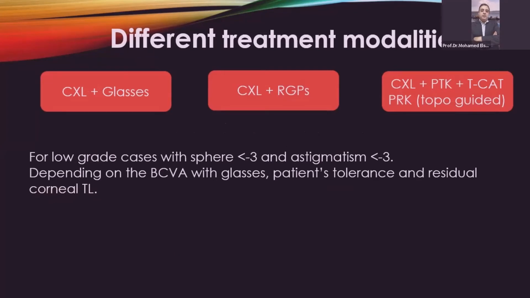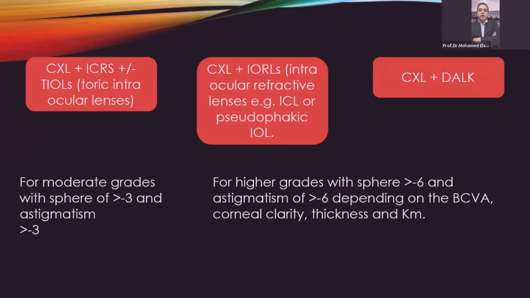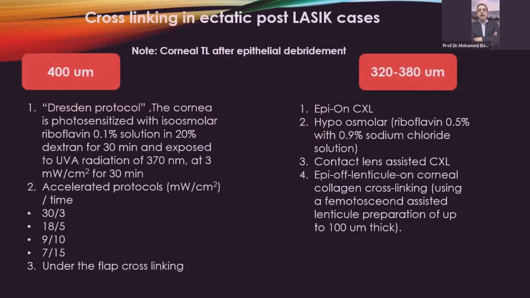There are different treatment modalities I reviewed over the internet, like glasses, cross-linking with glasses, cross-linking and RGPs, cross-linking with tomographic guided PTK, and other modifications like cross-linking with intraocular lenses, or cross-linking with corneal rings. I had all these cases, and these patients were not satisfied.